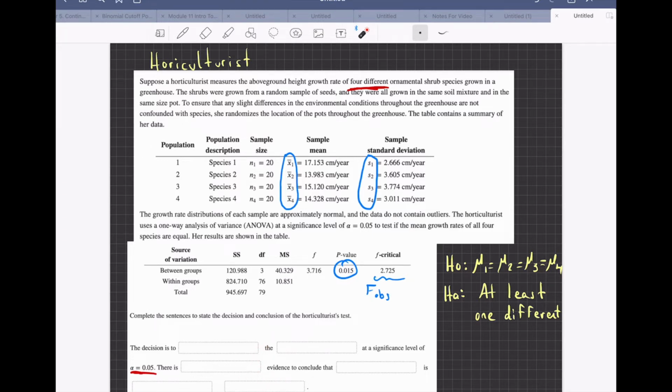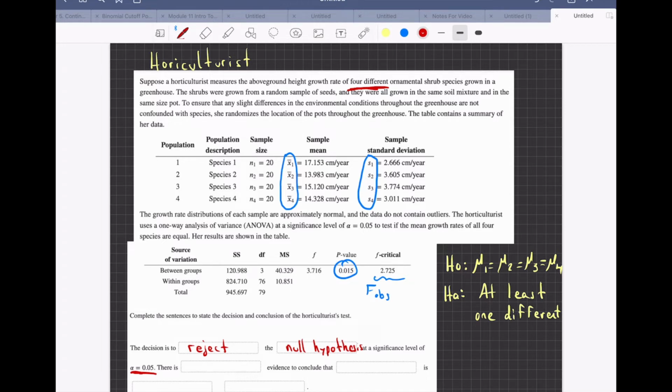So here, the decision is to reject the null hypothesis at a significant level of 0.04.